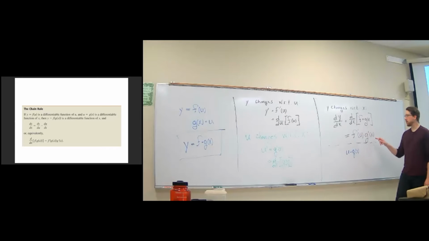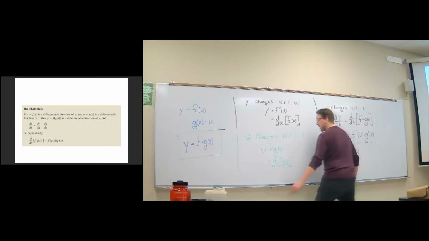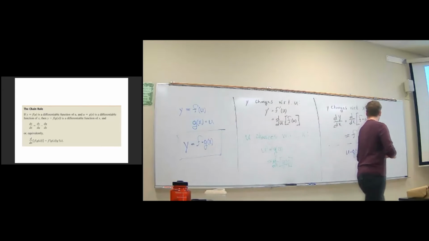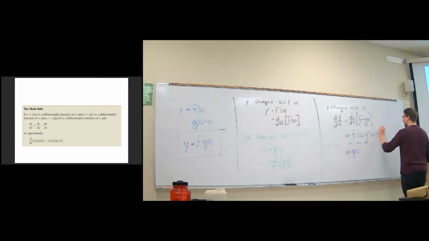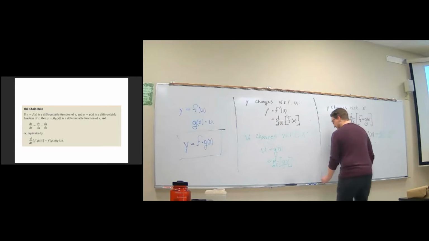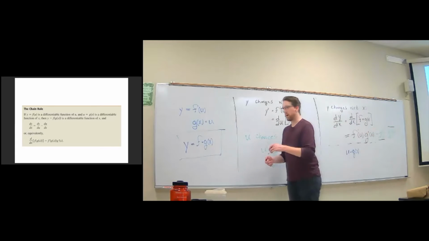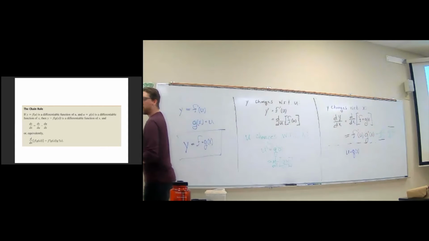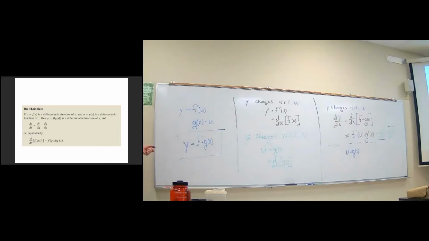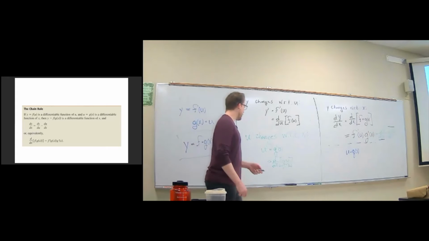And what we get is the change in y with respect to the change in x. In some sense, we can think of these dus as having canceled because they represent the change in u. So really, this is just a daisy chain of rates that are related to each other.